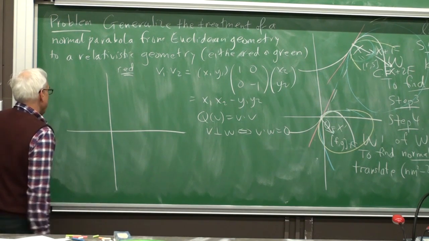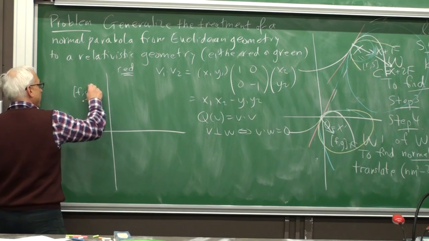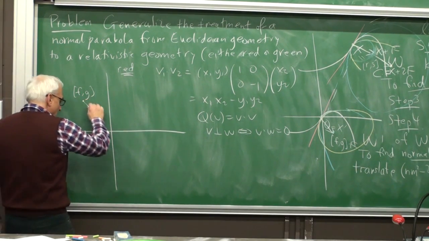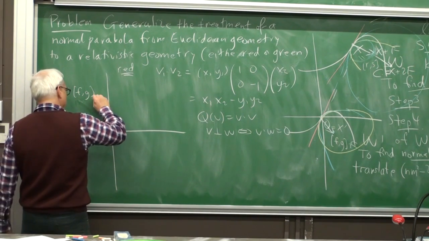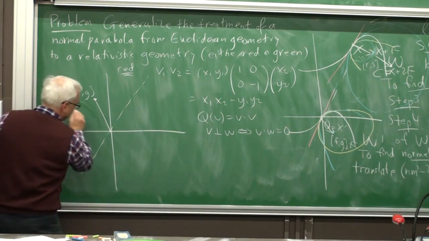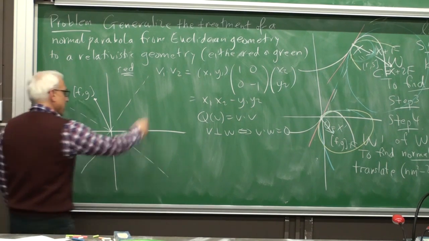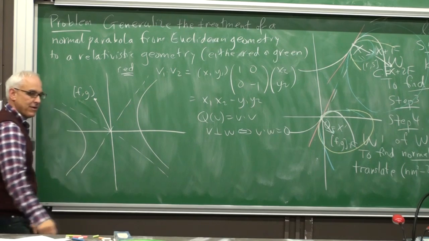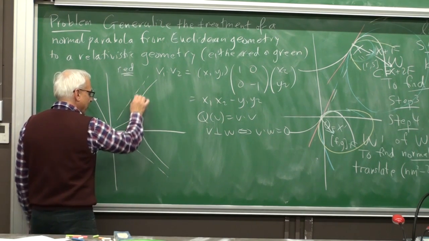Suppose we have a point FG, the focus. We're doing the red geometry. In the red geometry, I remind you, a circle looks something like this, and perpendicularity looks like this.